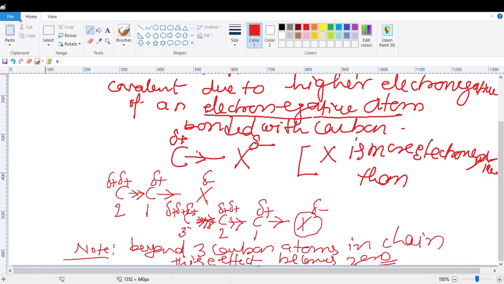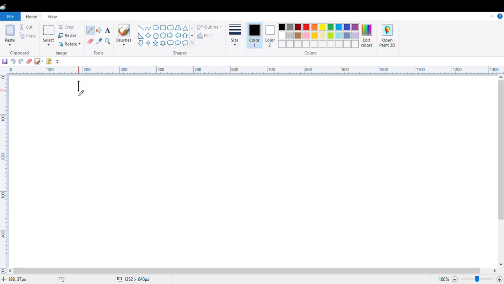In this way, there are two types of groups causing inductive effect. Number one, plus I having groups. Plus I having groups.